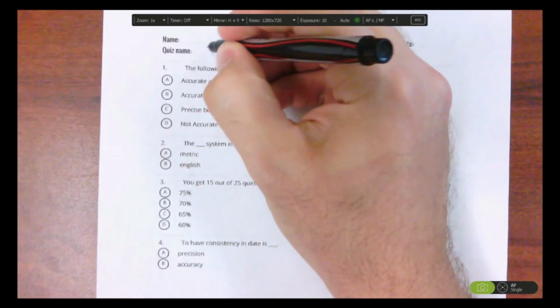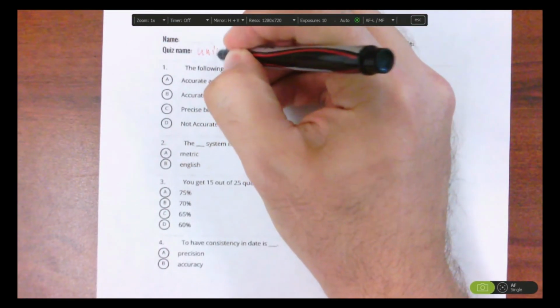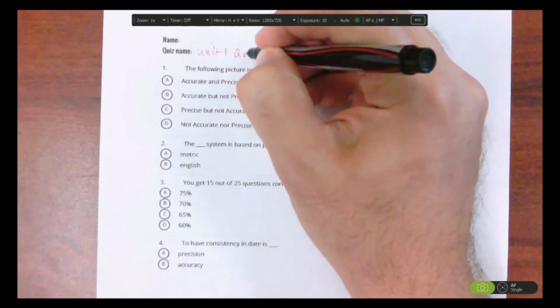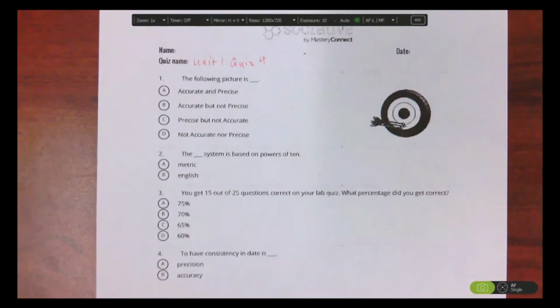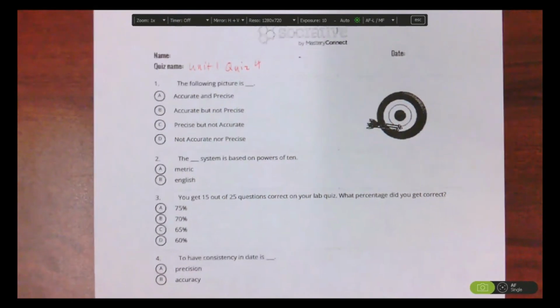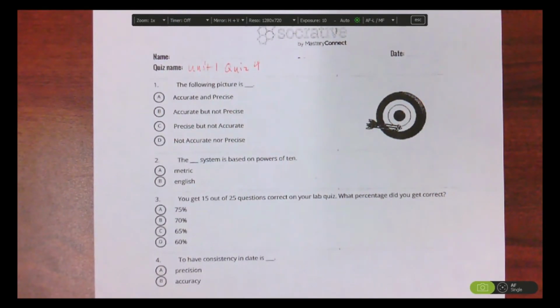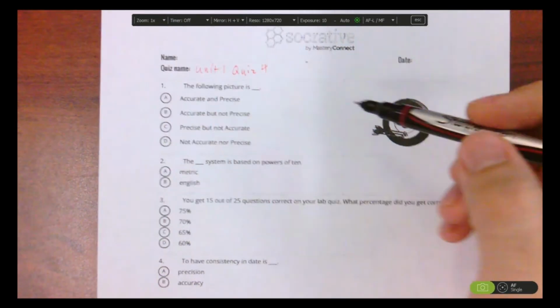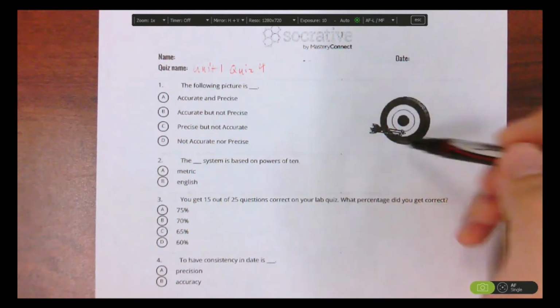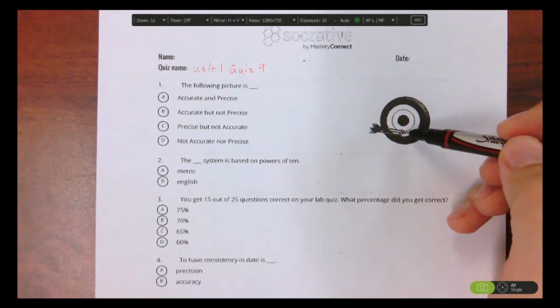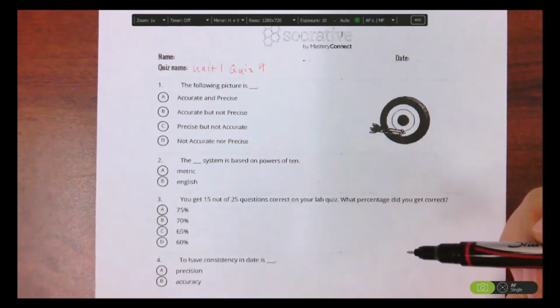It really should say unit 1, quiz 4 or something like that, or lecture quiz 4. I just didn't copy it right. Anyway, number 1 says, the following picture is, and this is the picture right here. They are repeating in the same place, but are they hitting the goal?